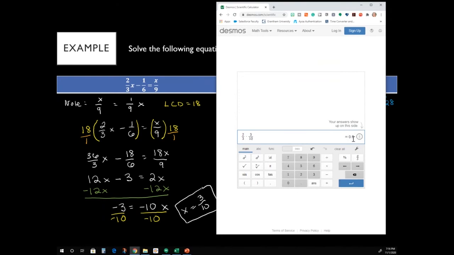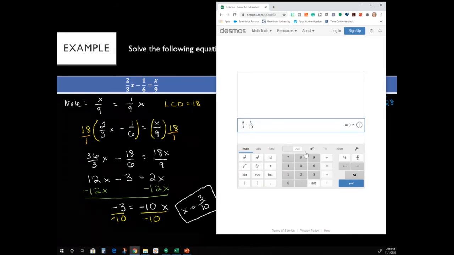And so that gives you 0.2. So that's the left side. So now I'm going to check the right side. Oops, the left side has a -1/6. So I missed that. We can fix that actually. So I had 2/3 x -1/6. So I can go back here if you make a mistake, hit my minus sign, and then put in my 1/6. And so that gives us this number here.